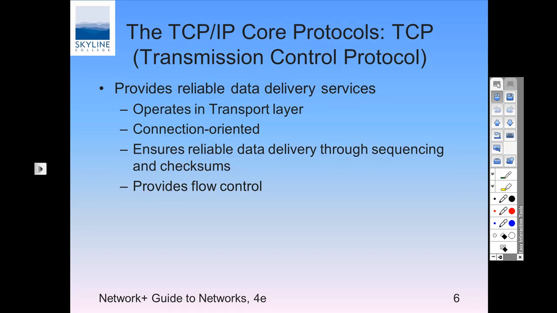And if you're at sea, it gets transferred to a ship that may get diverted someplace else. So how do you know that you got everything? You've got to have some sort of a numbering sequence. And that's what reliable data delivery services means. And we'll look at some of the header here in just a minute. I'm going to have a picture of the header information, the TCP header.